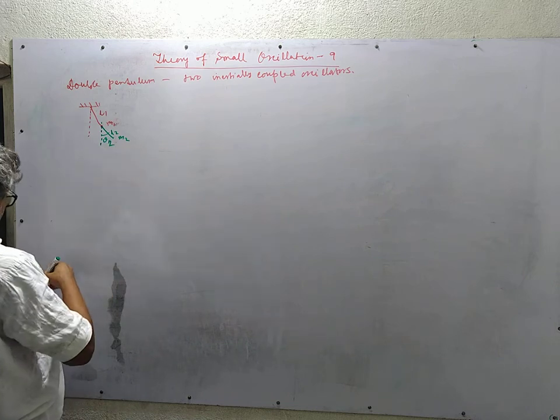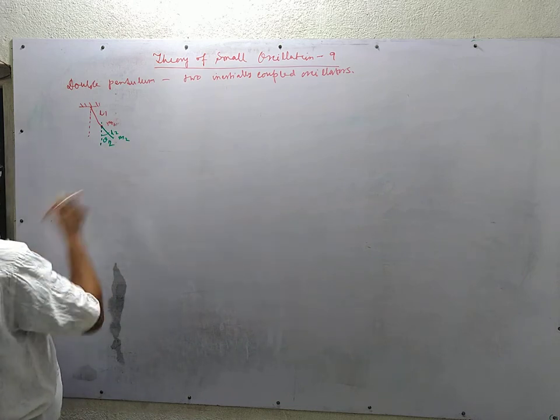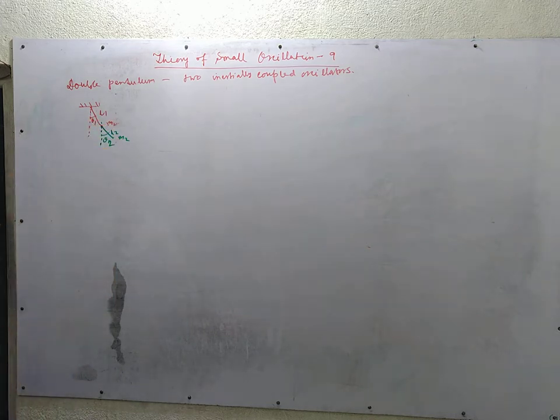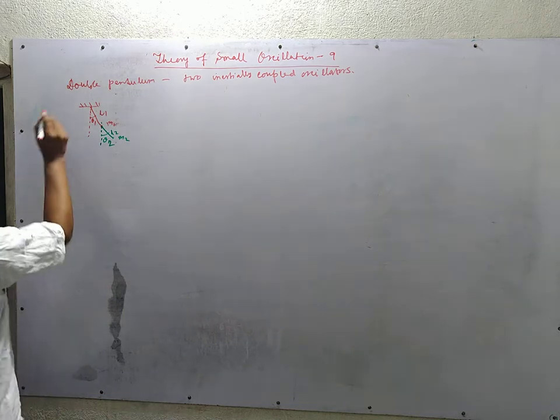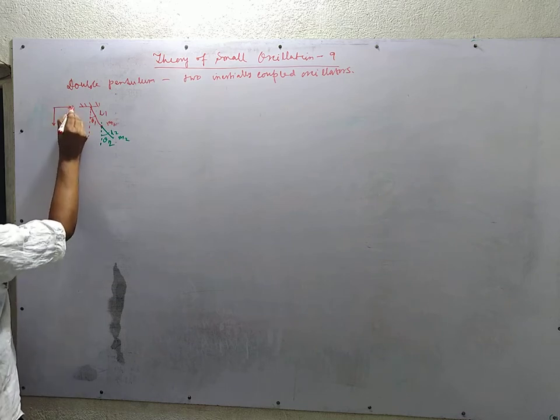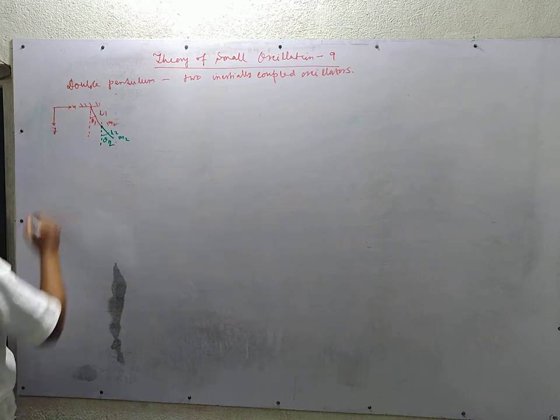The deflections from the vertical are denoted by θ1 and θ2. These are the generalized coordinates for the system, and we consider the coordinate system like this: this is the x-axis, this is the y-axis.